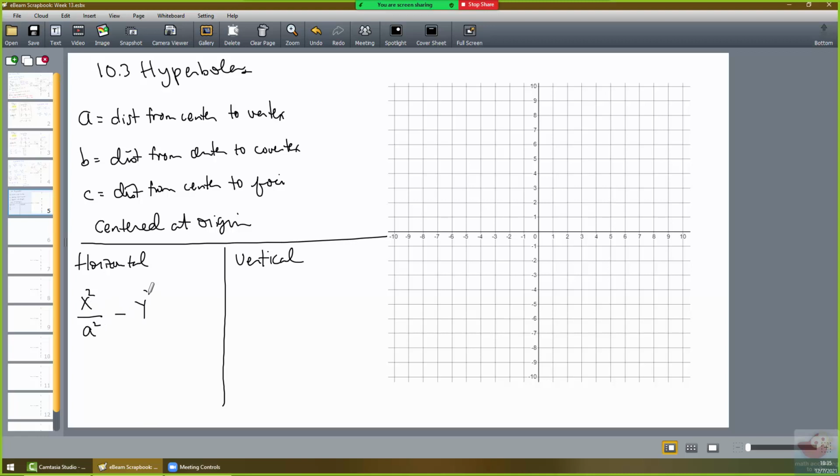I'll write them down, and then we'll discuss the change. Horizontal is x squared over a squared minus y squared over b squared equals 1. Vertical is y squared over a squared minus x squared over b squared equals 1.